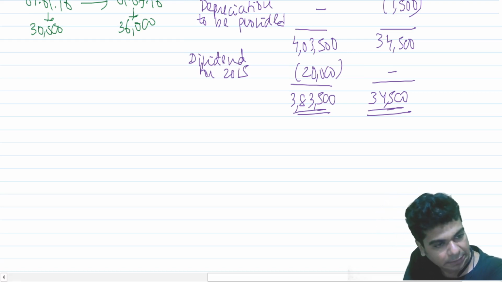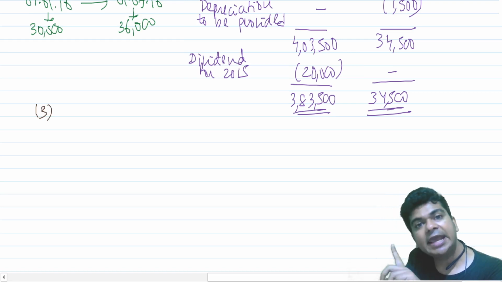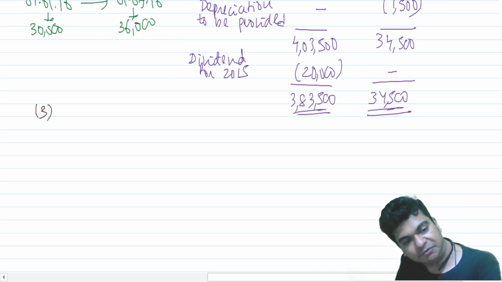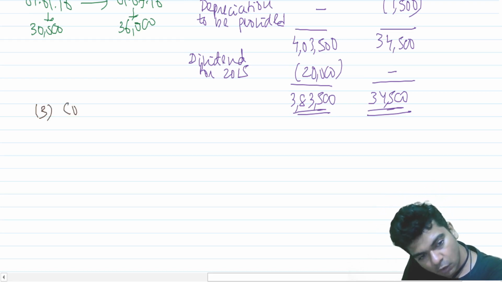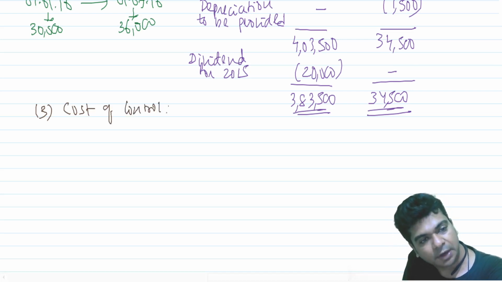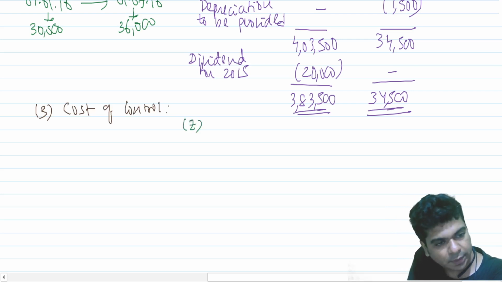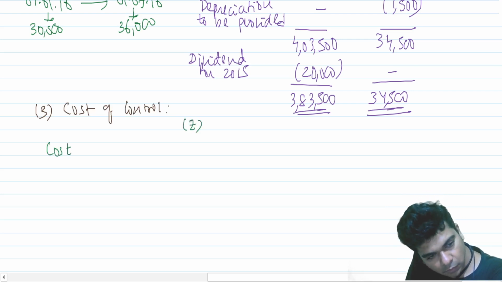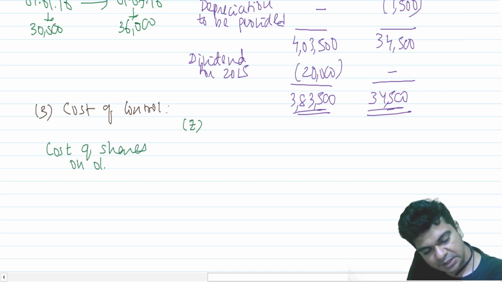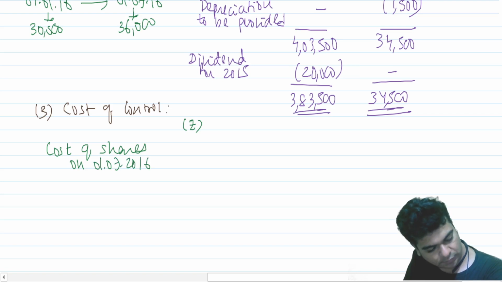Okay. The third principle now, cancel the investment in the equity shares. That's your working for cost of control, right? We say here cost of shares on 1st July 2016.